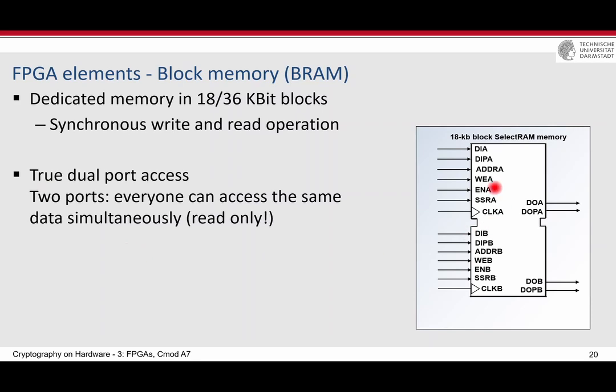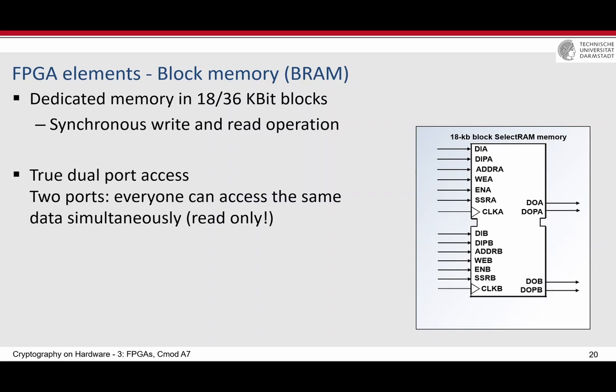And of course, you can read at the same time from different parts of the memory, two different addresses from the same content. But of course, you cannot easily write at the same time to the same address. I mean, different addresses you may be able to write, but writing at the same address leads to collision, and you also cannot predict what value will finally be written in the register.